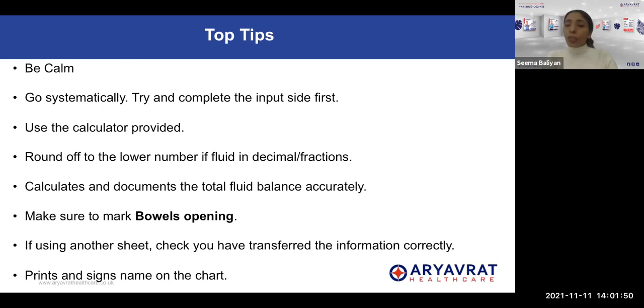You will know that it is impossible for you to give more than what is actually in the bag. As a simple maths principle, when we round off, anything above 0.5 we round up to the next digit, and if it is below 0.5 we round down to the lower digit. But in fluid balance, even if it is 0.5, you cannot round up, because you cannot give more than what is in the fluid.